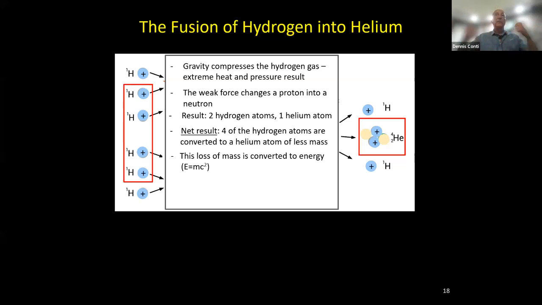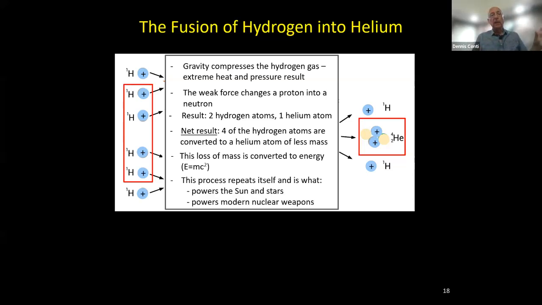So mass can be energy, energy can be mass. So in the process of going from the red box on the left to the box on the right, energy is released. And that is what powers our sun, what powers the stars, as I said, even what powers nuclear weapons.